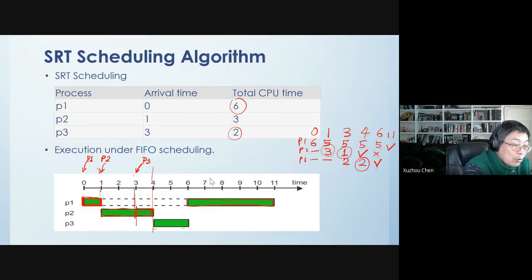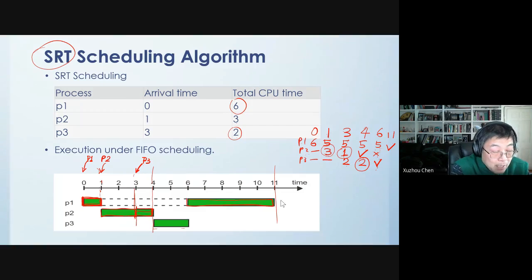That's SRT, the shortest remaining time. Again, the total CPU time is still 11. Okay, but actually I'm lying.